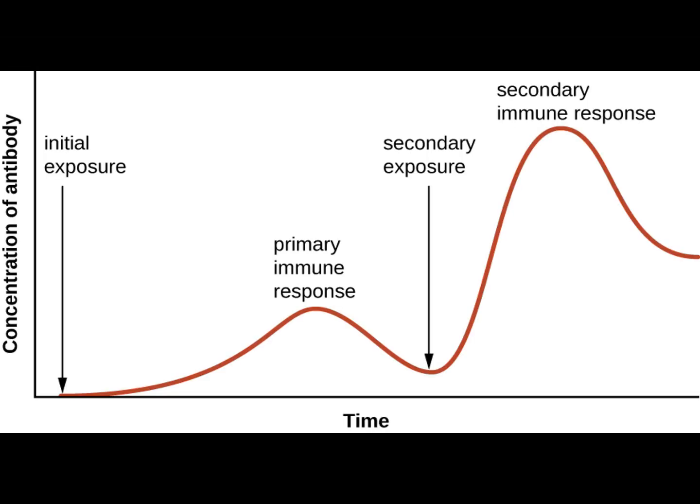This brings us to another part of immunity. We get a primary immune response as well as a secondary immune response. Our primary immune response is when we encounter a pathogen for the first time. We can see in this graph the initial exposure. Here the concentration of antibodies is 0. So we have no antibodies that are complementary to the pathogen, and no antibodies will be able to recognize the pathogen.